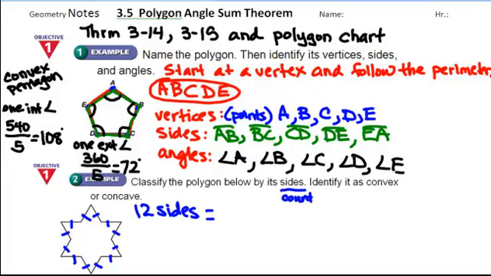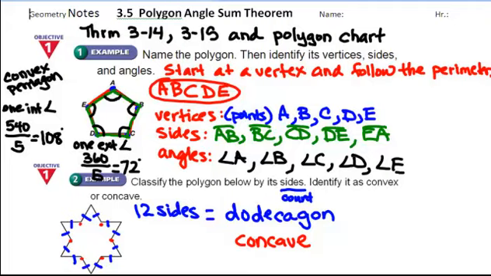And if you look on your chart, a 12-sided shape is called a dodecagon. So we classified it by its sides. Next, it says identify as convex or concave. Because these vertices are caving in towards the middle of the shape, this is called a concave polygon. This is a concave dodecagon.